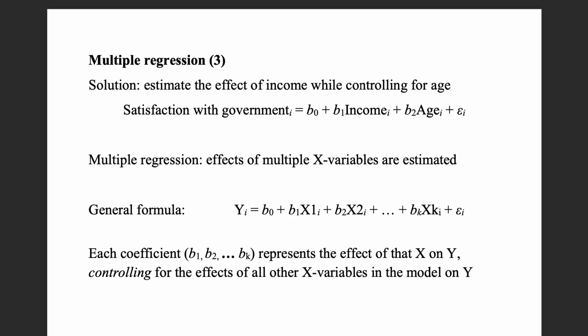And the coefficients that we get tell us what the effect is, for instance, for x1, so for our first variable, that would be the b1 coefficient. What is the effect of that controlling for the effects of x2, x3, x4, depending on how many independent variables we have in our model? So basically it tells you what is the effect of x1 that does not depend on differences in x2, x3, and all the other independent variables in our model.